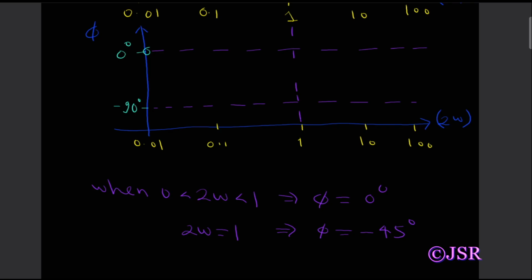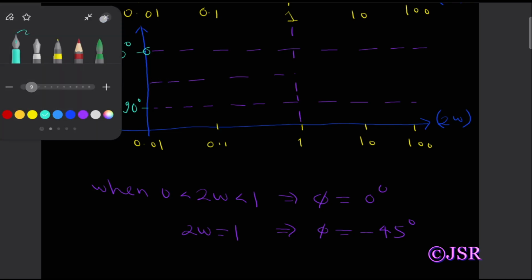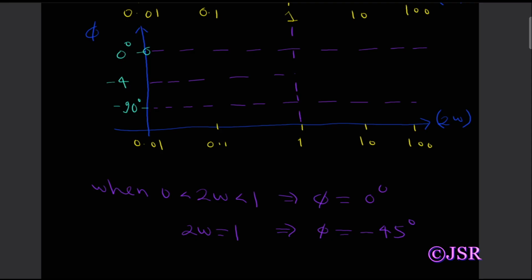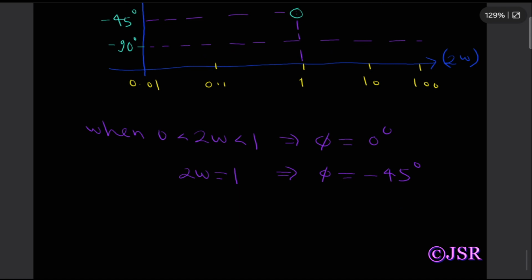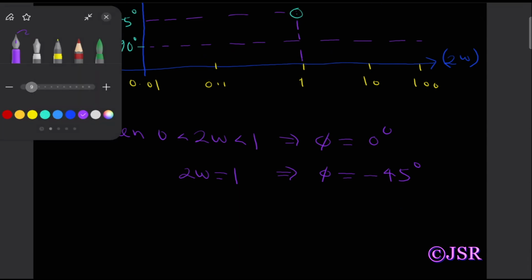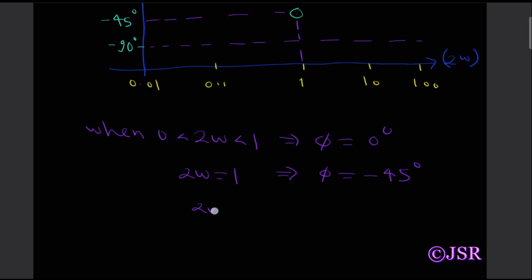So at this point we will have minus 45 degree. When 2 omega tends to infinity, it means phi tends to minus 90 degree.